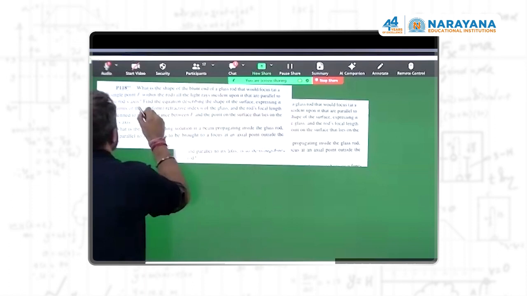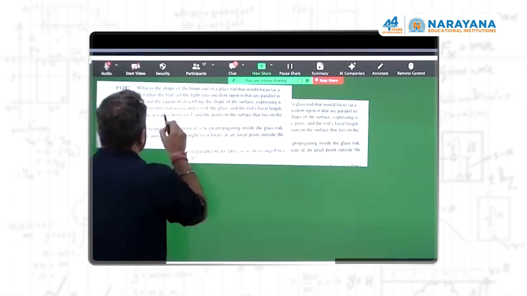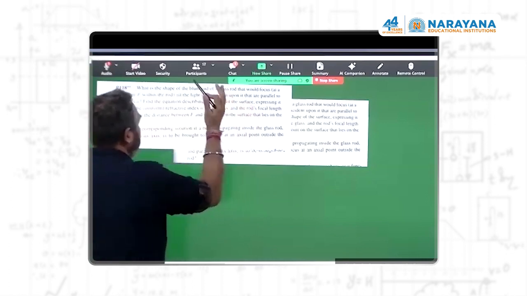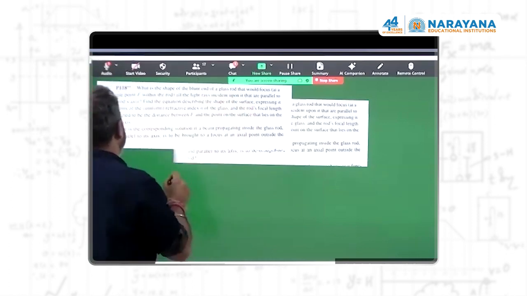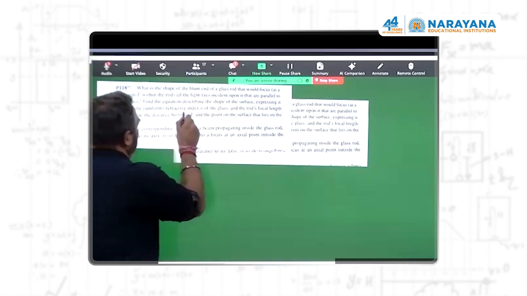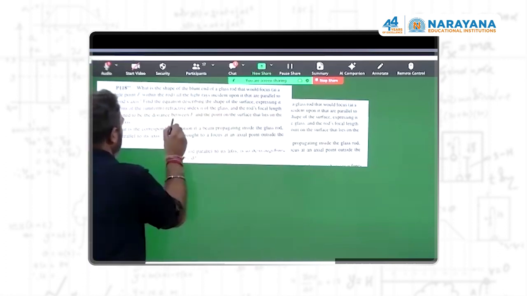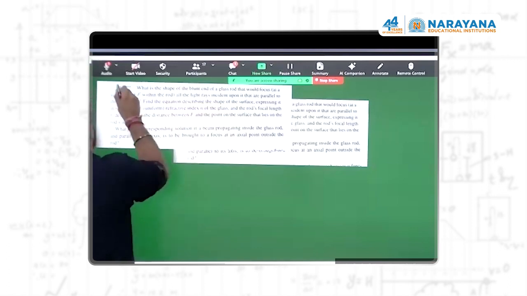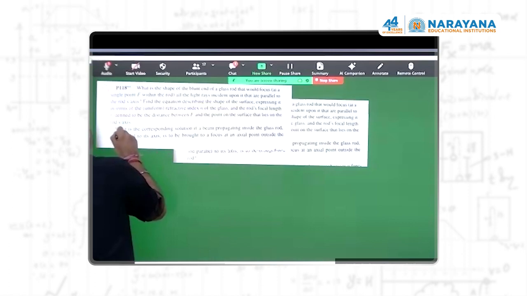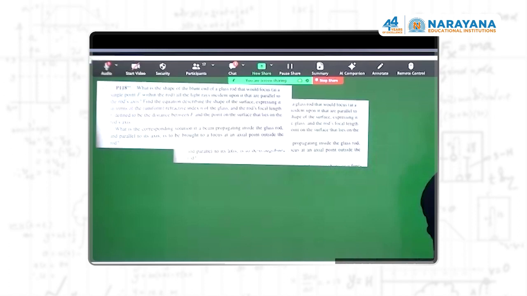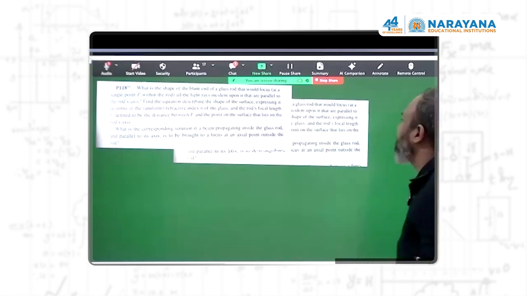What is the equation of that surface? You have to express the equation in terms of the refractive index of glass, and the focal length f, which is defined to be the distance within this. So this is the A part of the problem. I'll discuss B further. If you understand A, you can obviously derive the result for part B.